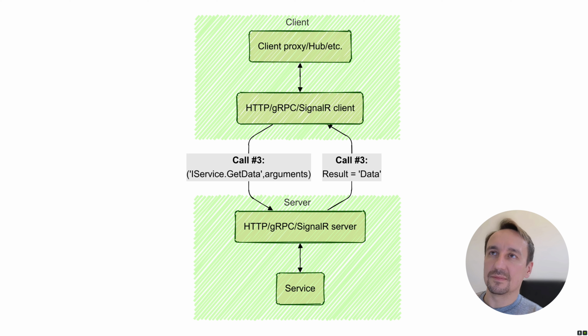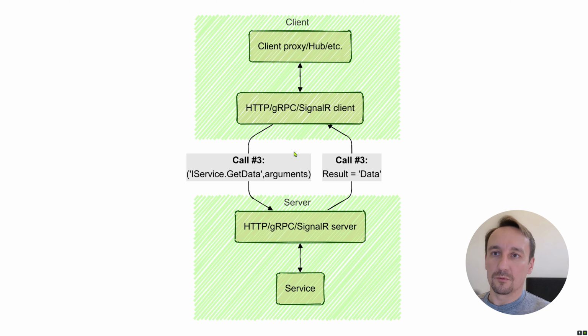The reason Fusion uses a special client is that the protocol you normally use for any other RPC service doesn't work in Fusion's case.